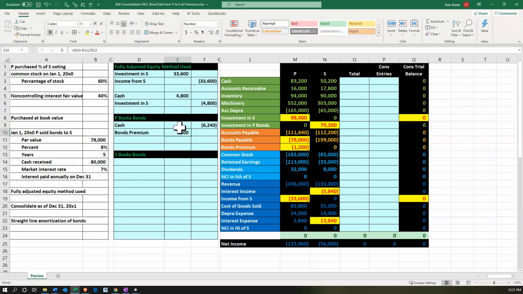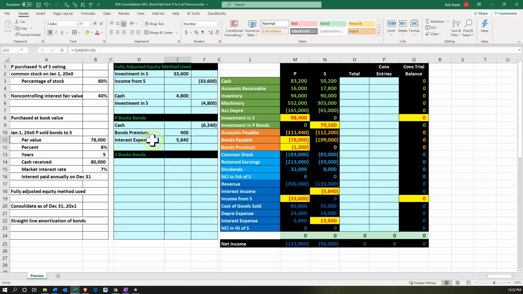So the 400, and notice again that the original premium you could see here was 78 minus 8,000 or 2,000. It's already going down, so it's currently on the books at the 1,200. Okay, and then we're going to say the difference is going to be the interest expense. So then the interest expense is going to be here, and I'm going to then say negative sum of these items. So there we have it.